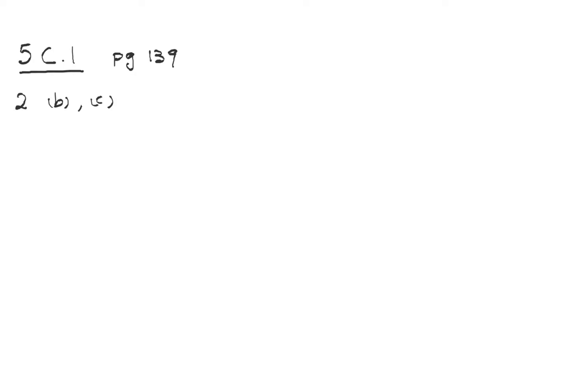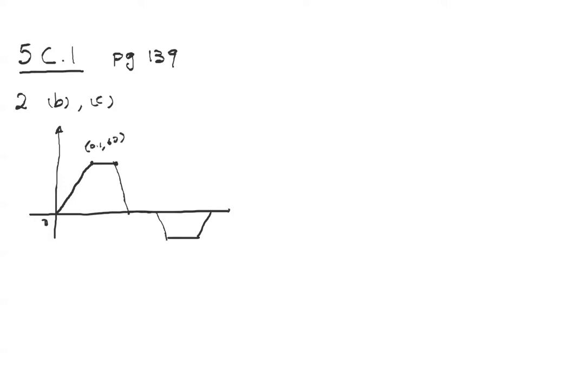If you look at question 2, they give us a velocity-time graph. And whatever is given, all are straight lines, right? So the graph goes like that. The crucial point is here, that is 0.1, 60. Another point is here, 0.2, also 60.